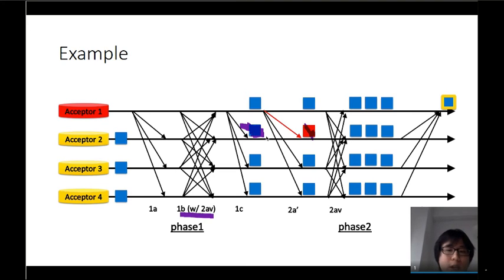So it won't acknowledge this phase 1C as real, and for the following phase 2, it will work as if it never received that phase 1C. Sorry, this slide might be a little messy, so if you have any questions.